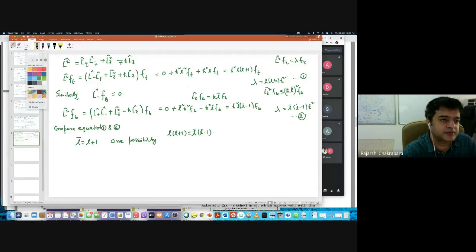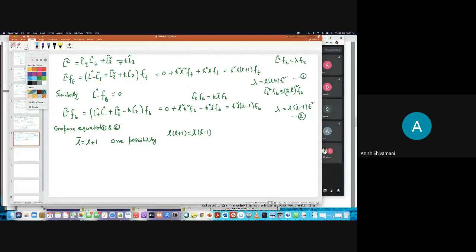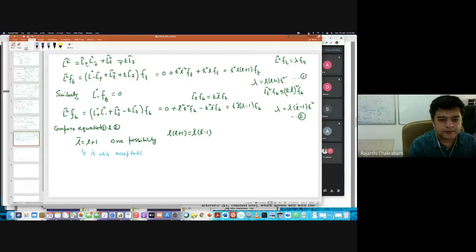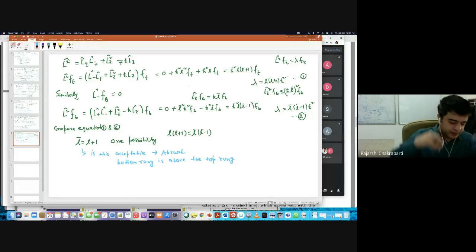If L bar equals L plus 1, then the bottom rung of the ladder is above the top rung. Absurd, because your L bar cannot be more than L, isn't it?